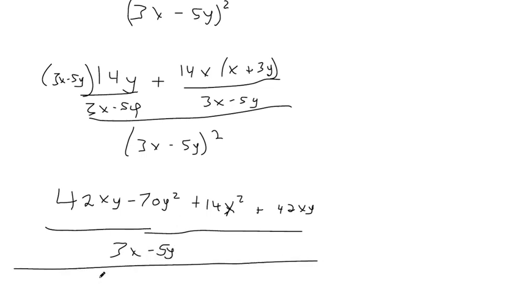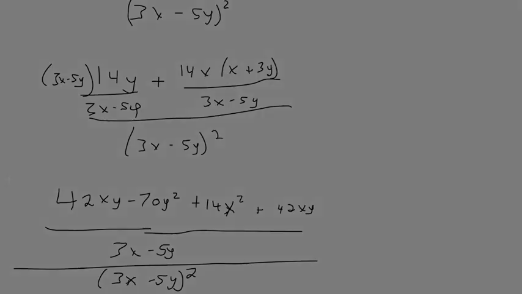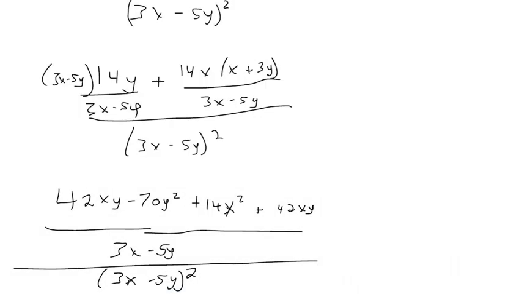The denominator is still 3x minus 5y squared. Okay, still need more whiteboard space. Let's see what we can do here.